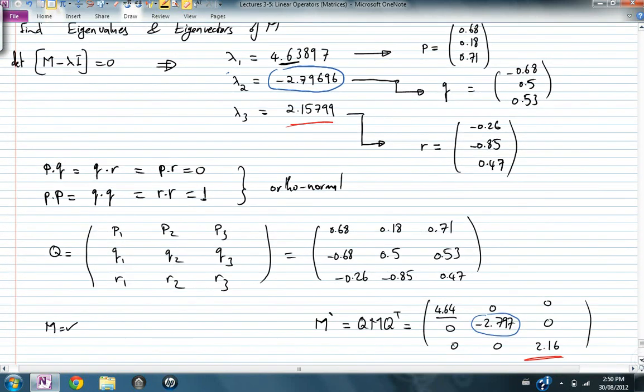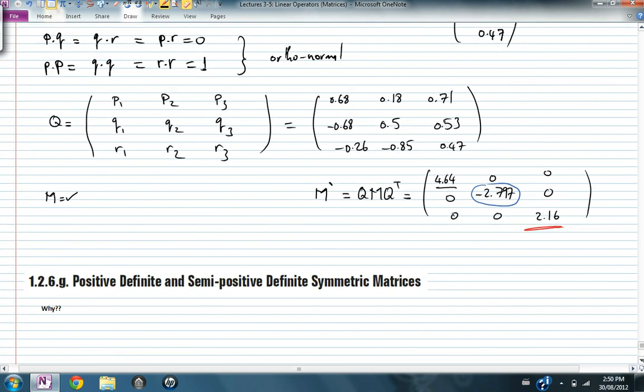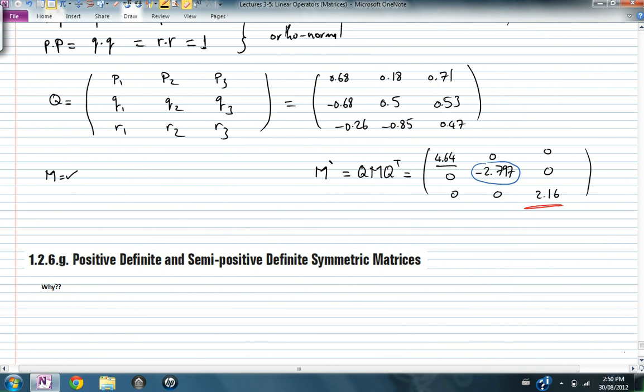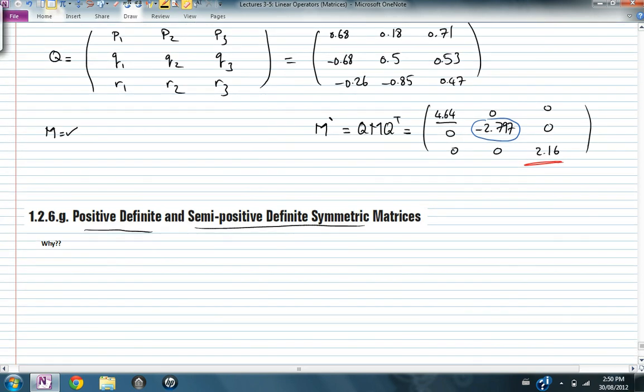Okay, so the last section in this part, and this is not going to be covered in your midterm, is what we call positive definite and semi-positive definite symmetric matrices. So let's understand why we need to study something like this. So in general, in any mechanical system, I have a force vector.